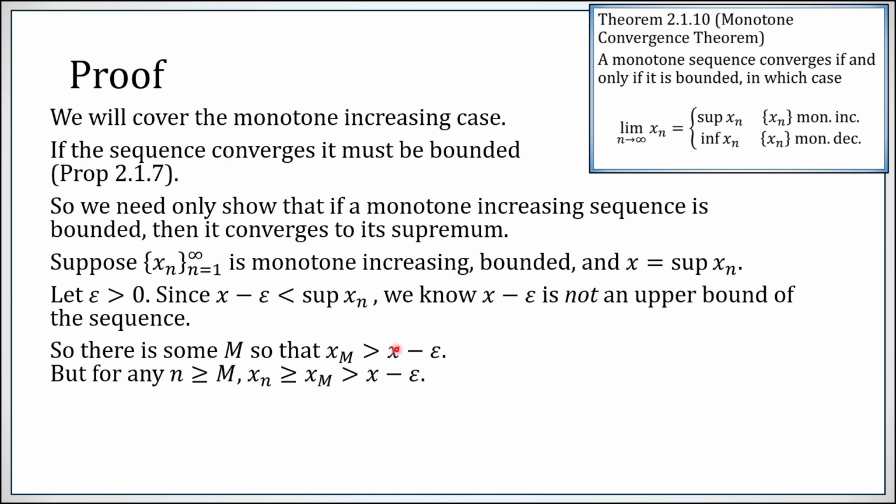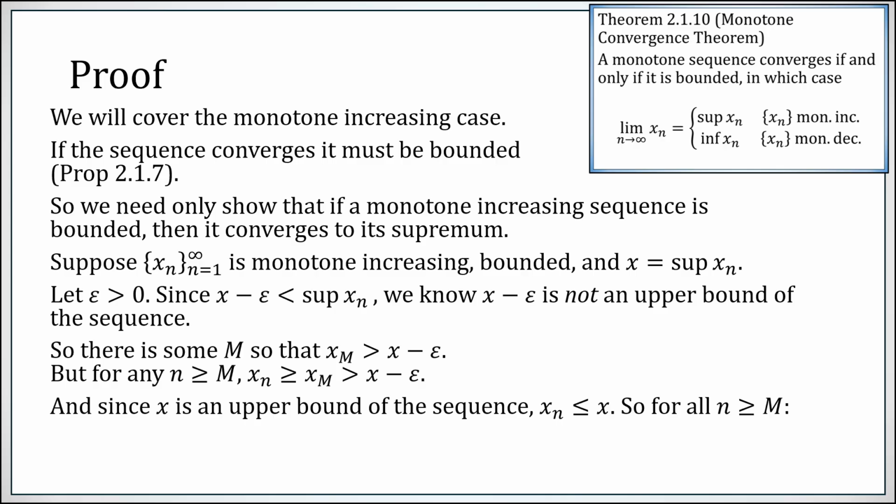Since x minus epsilon is less than the supremum, it's not an upper bound. Since it's not an upper bound, some term of the sequence is bigger. But the sequence is monotone increasing, so every index past this capital M is bigger than or equal to the one we just had, meaning every term past capital M is also bigger than x minus epsilon. But x, remember, was the sup of the sequence.